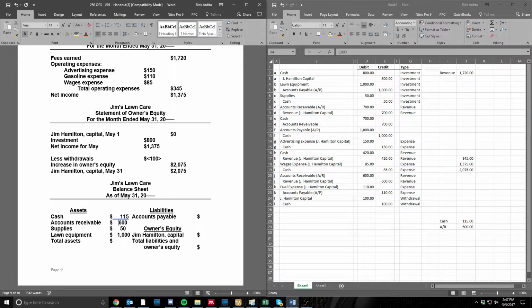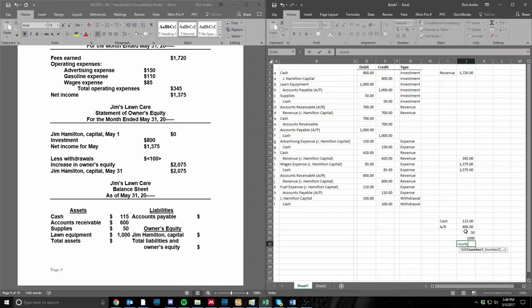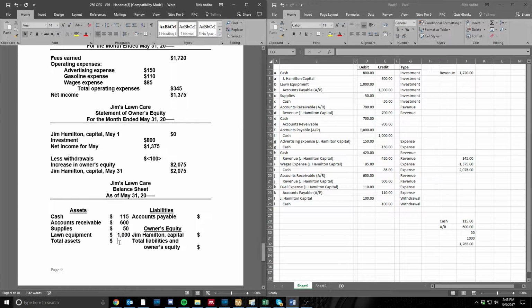Sorry, a little formatting here. It bugs me when stuff is out of line. Okay. So then our total assets, if we add all this up, we've got 50 and 1,000. So I can do sum here and add. It's weird. Excel's being weird again. Our total assets are $1,765.